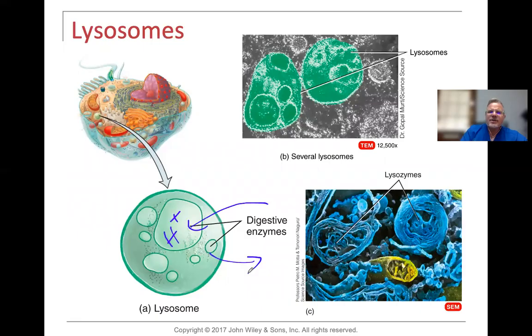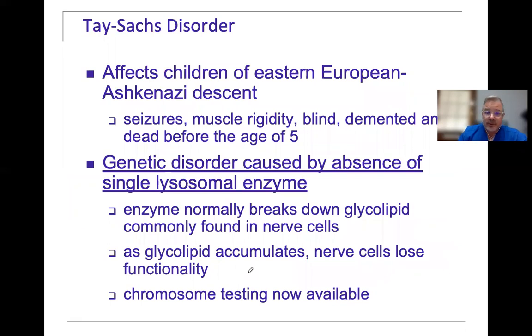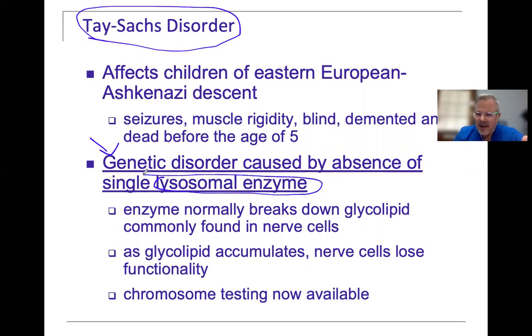Now, there are certain lysosomal disorders that can happen. There's a genetic disorder called Tay-Sachs disease. Now, what typically happens around neurons and axons is that there's lots of lipids and cholesterol and fat that accumulate around the neurons, but we have these lysosomal enzymes that try to degrade and break some of that down.